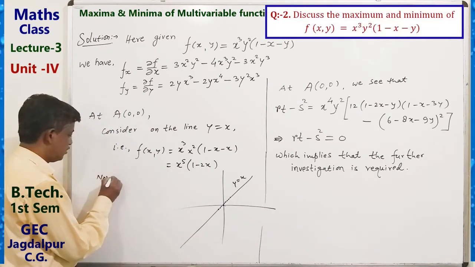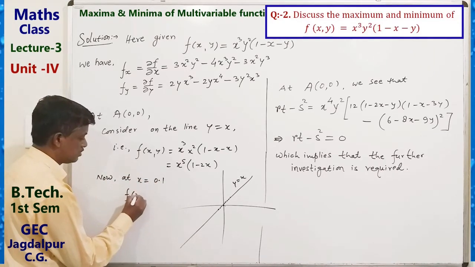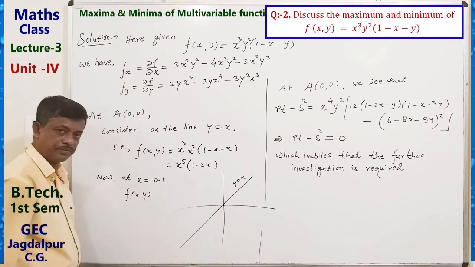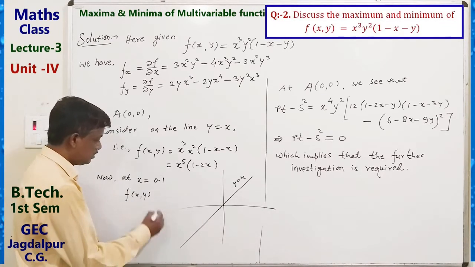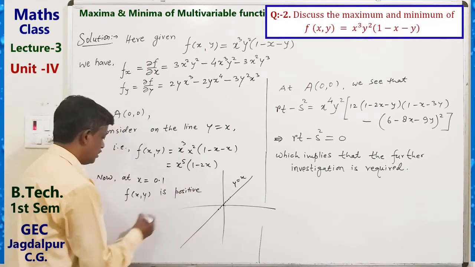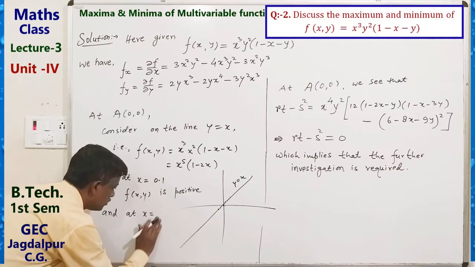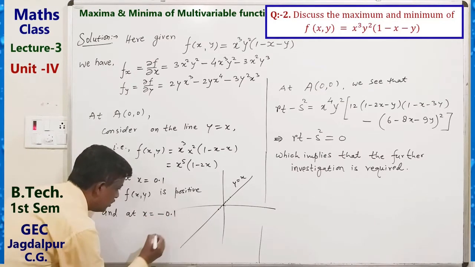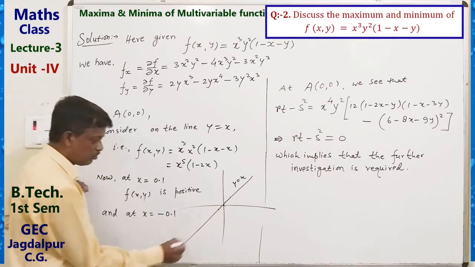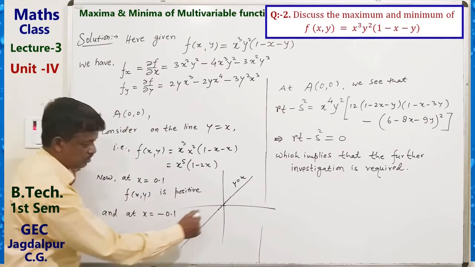Now at x equals to 0.1, f(x, y) is positive, and at x equals to minus 0.1, nearer values to 0, 0, f(x, y) is negative. x equal to 0.1 is this side and x equal to minus 0.1 is this side.